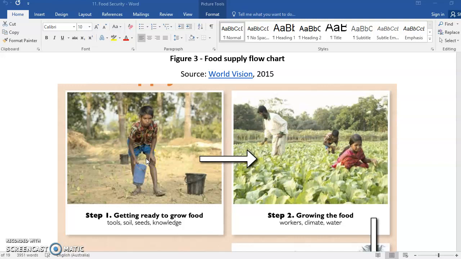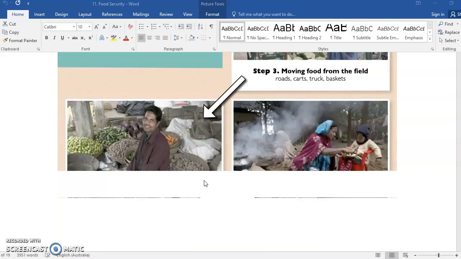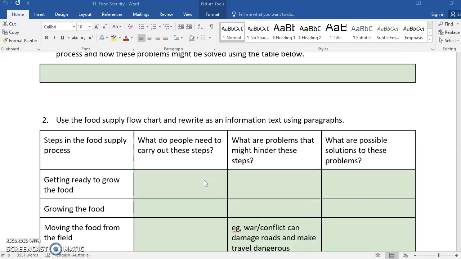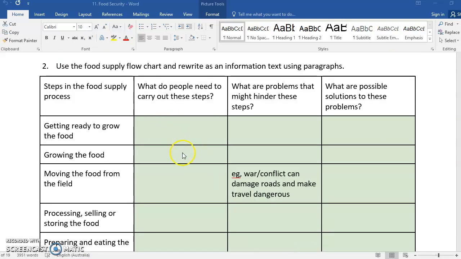Know what types of food you can plant in your particular area. You might try and ensure the soil is nutrient rich, that the soil is healthy so that you could grow the food there. And of course, you're going to need things like tools to help you. So in this table, you're simply describing what you're seeing in the image.